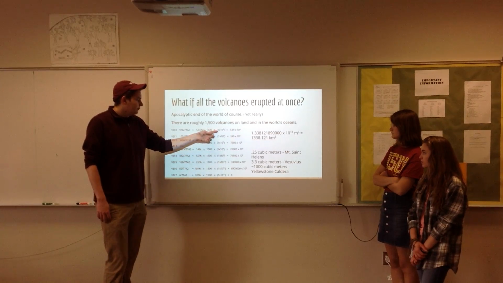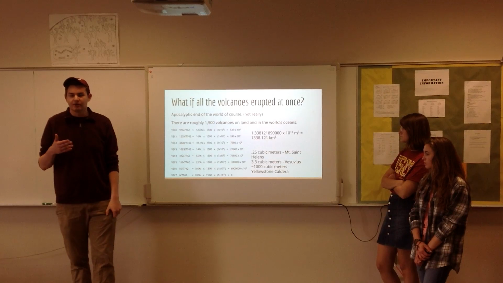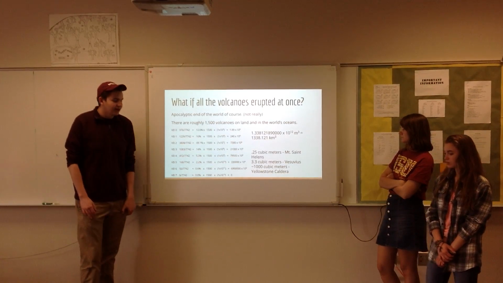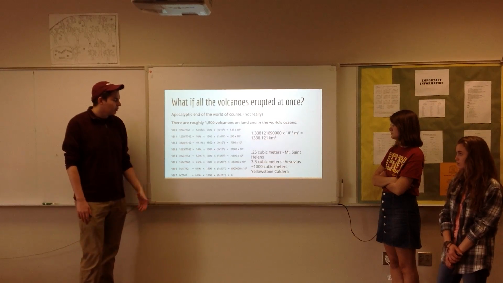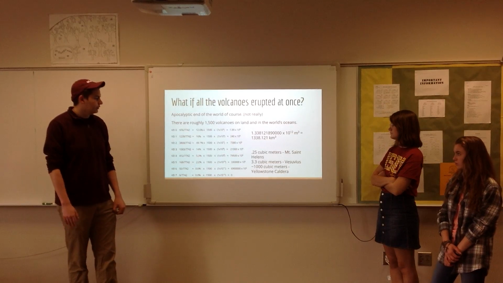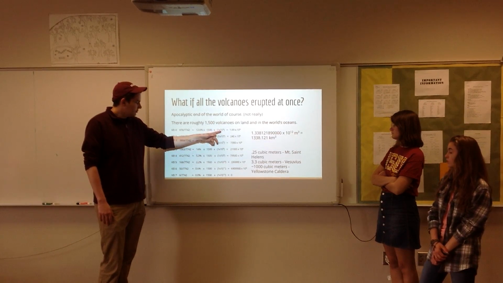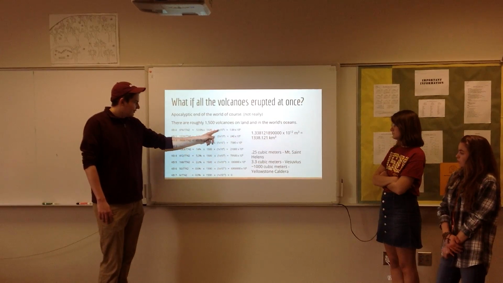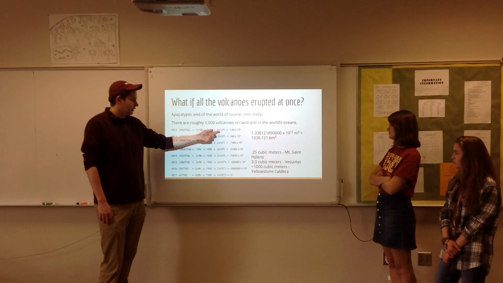And then I multiplied this here. This is the order of magnitude of the volume of tephra that would be thrown from the volcano. Tephra is ash, rock particles, rock fragments, and any other particles that are thrown from the volcano in the eruption. So this is in cubic meters. So this would be, oh my God, I cannot do math.